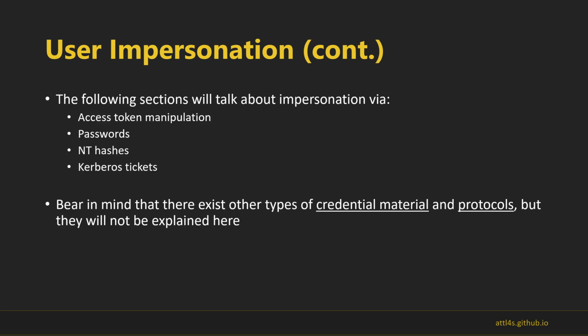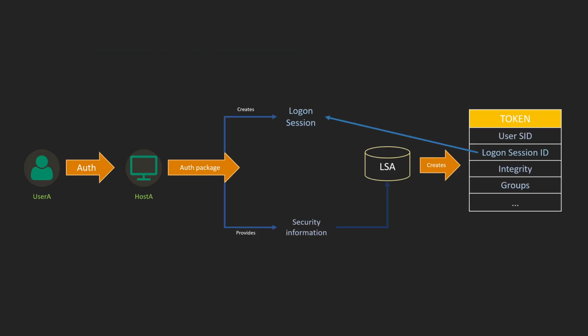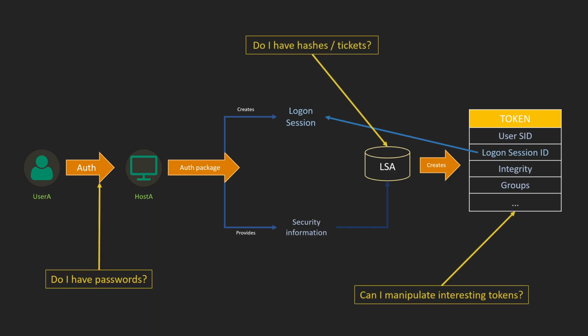In the following slides, we are going to see impersonation via access token manipulation, passwords, NT hashes, and Kerberos tickets. But bear in mind that other types of credentials and protocols exist. If we have passwords, we can essentially authenticate into other systems and services, so we can create a security context.